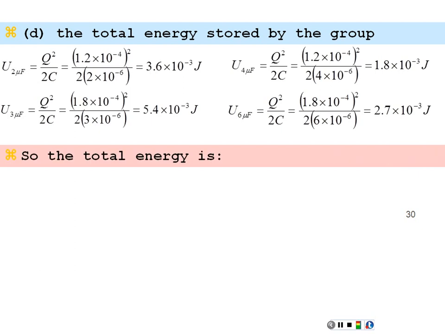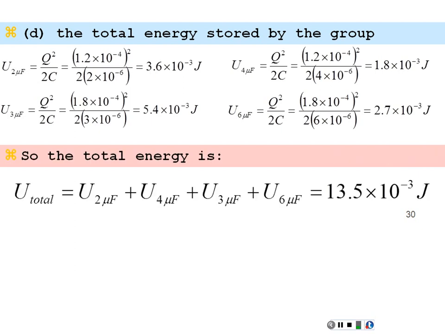So the total energy stored in this circuit is 3.6 plus 5.4 plus 1.8 plus 2.7 millijoules, or 13.5 millijoules. Note that our equivalent circuit should be no different than our original circuit.